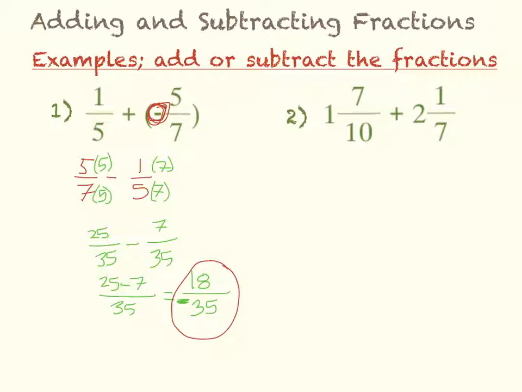Okay, so if we just add the whole number part, 1 plus 2 is 3. So that's going to be the whole number part, and then we have to take 7/10 plus 1/7. So we need to get a common denominator. So what we're going to do is multiply by the other denominator.